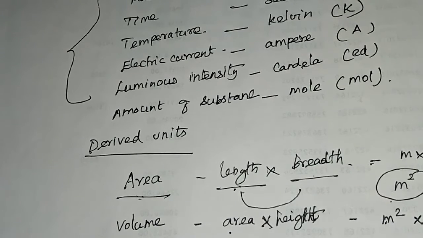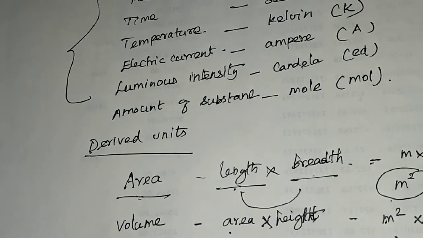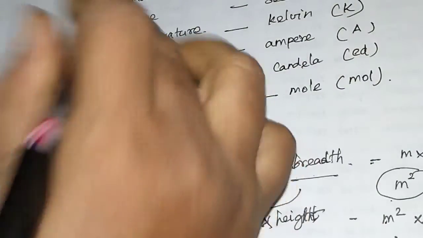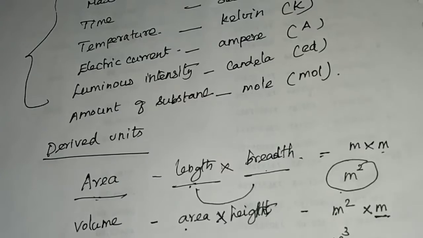So meter squared into meter is called meter cubed. Like that, if you take many physical quantities which have a formula, the unit is derived from the fundamental units, and we call them derived units.